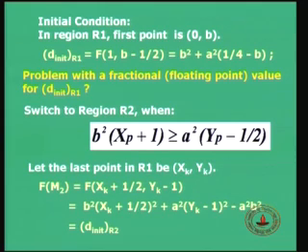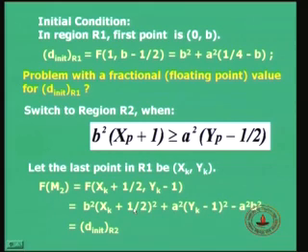Xk, yk, I must admit here, is the last point in region R1. So, the next point is coming in region R2, but based on this we can find out the initial value of d in region R2. Since the choice is between south and southeast pixel, the yk minus 1 factor comes in for the first midpoint in region R2, and xk plus half.